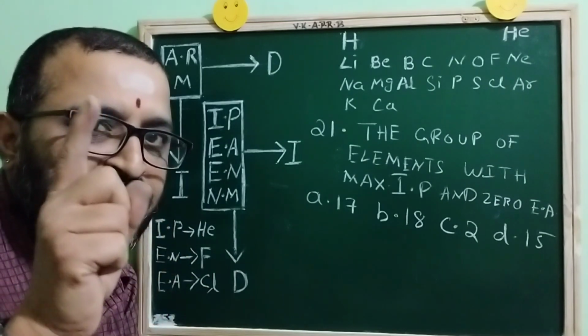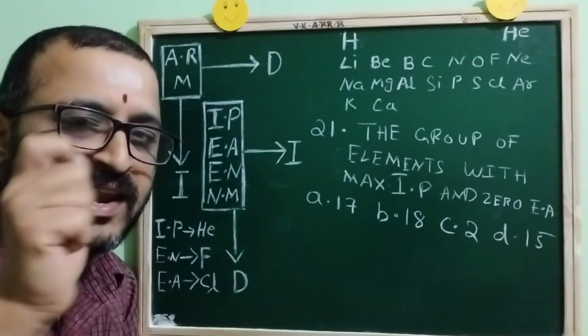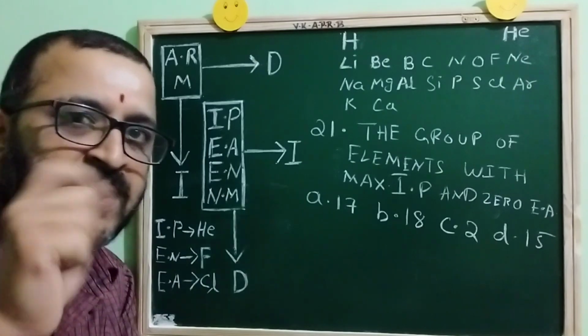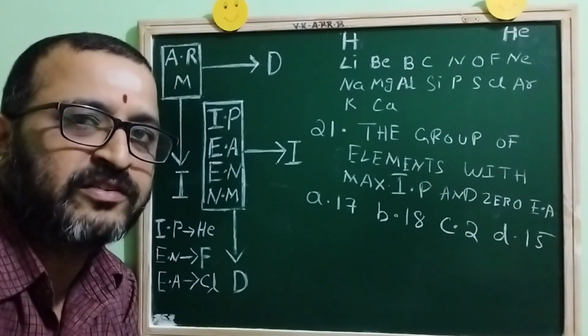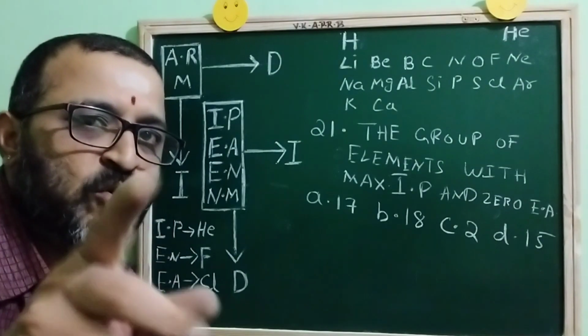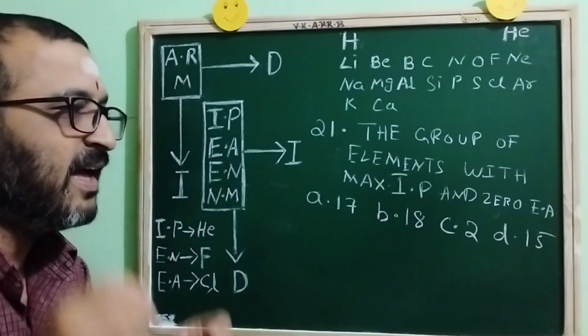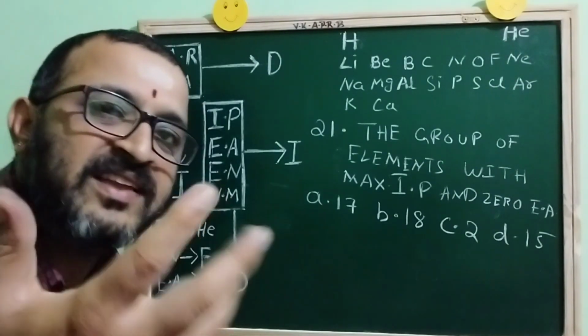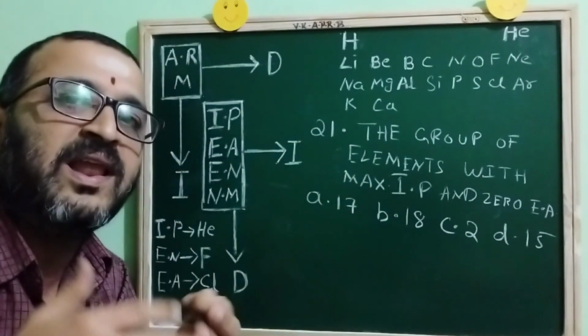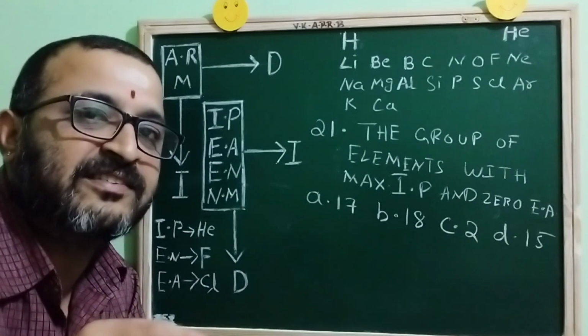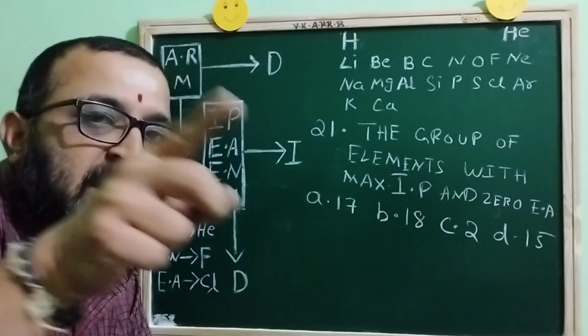It is group 18. When the electronic configuration of the element is stable, don't you think the energy you need to supply should be very, very high to remove the electron? Yes. And one more thing, once the element is having a stable electronic configuration, why would it accept the electron? So then its electron affinity will be 0.